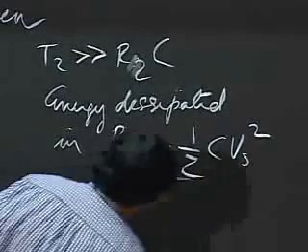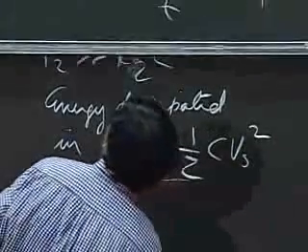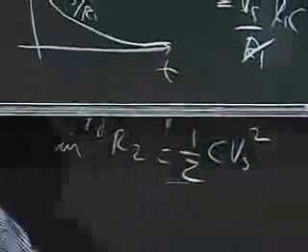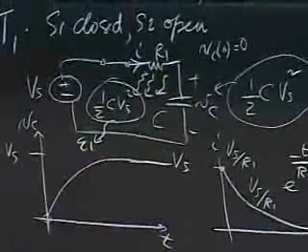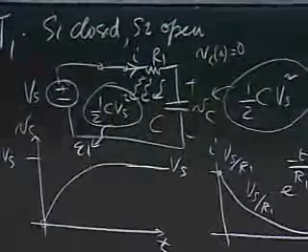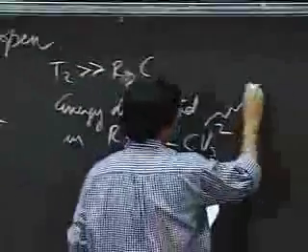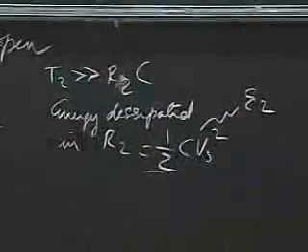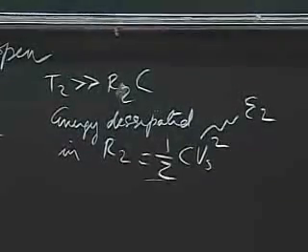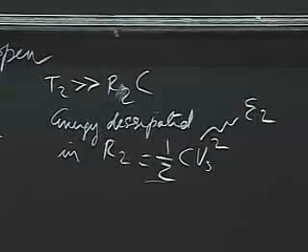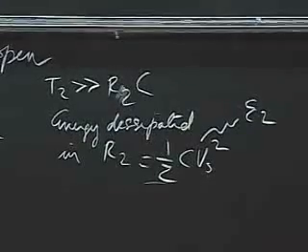Let me say that this is E1, and let me say that this is E2. So E1 is dissipated in the resistor, and E2 is dissipated in R2 in the second half cycle.